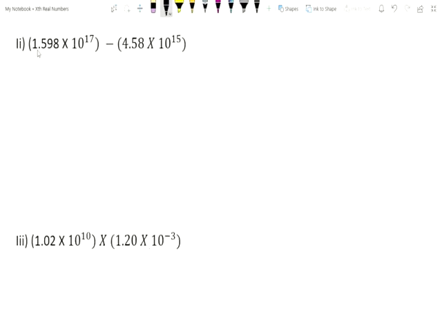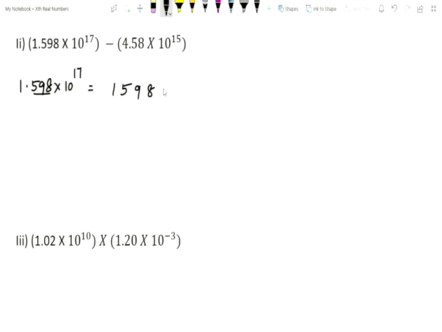Now 1.598 into 10 power 17 minus 4.58 into 10 power 15. First you find out the value. 1.598 into 10 power 17, write it in decimal form. 1598: after the decimal, 3 digits are there, so subtract 17 minus 3, you get 14.